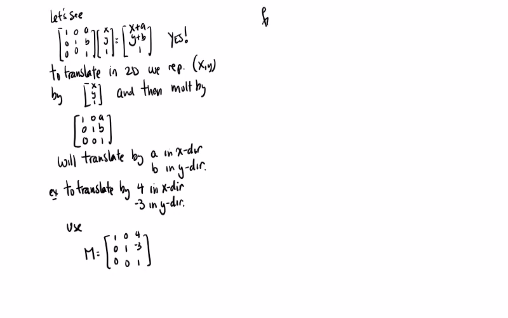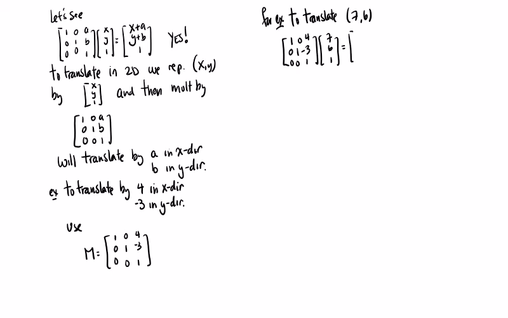And for example, to translate, say, the point 7, 6, we take that matrix and multiply it by 7, 6, 1, putting the extra 1 in there.